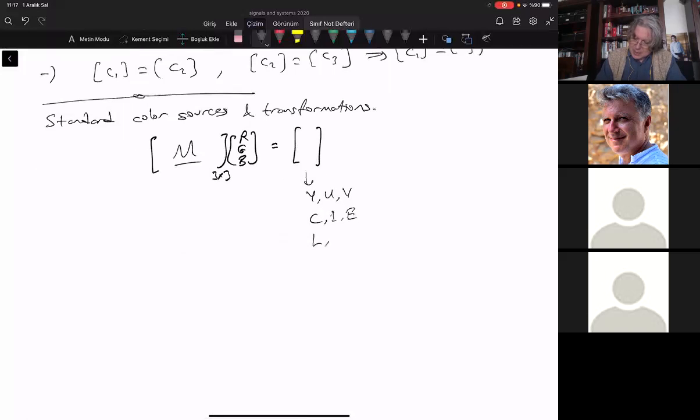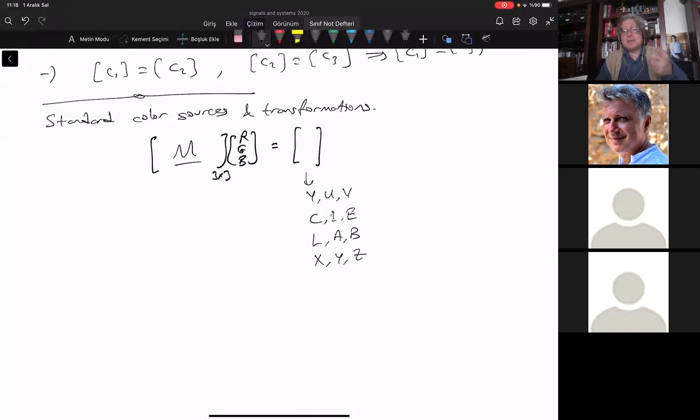The other one is LAB. And there is even XYZ, etc. Here, we usually try to separate the components of R, G, and B into 3 meaningful values.